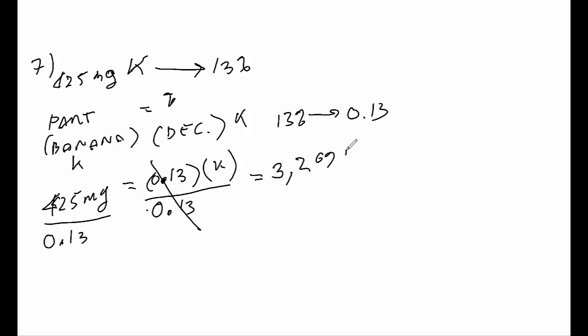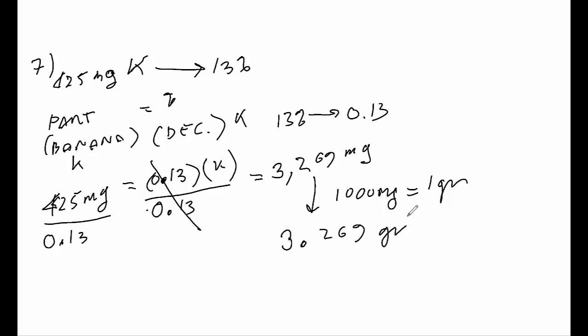So that tells us that our daily recommended amount of potassium is 3,269 milligrams. Now, if we want to change milligrams to grams, it turns out that as a conversion, 1,000 milligrams is equal to 1 gram. So that means 3,269 milligrams is the same thing as 3.269 grams.